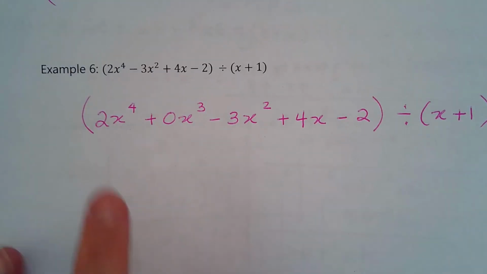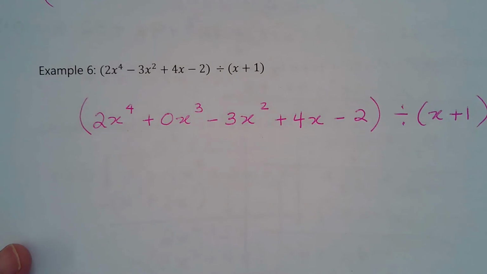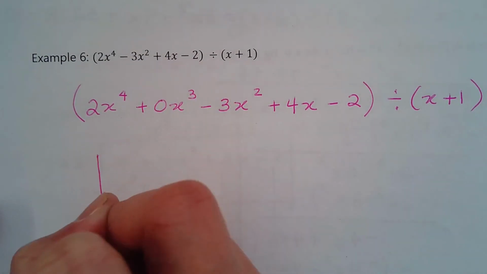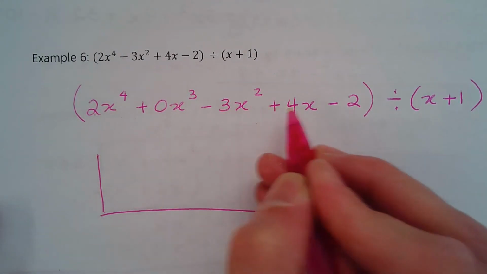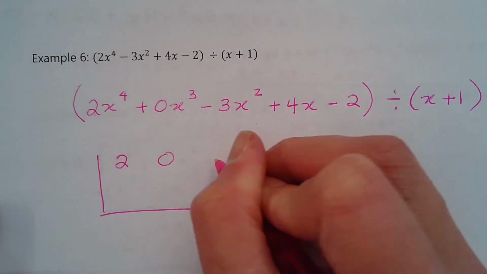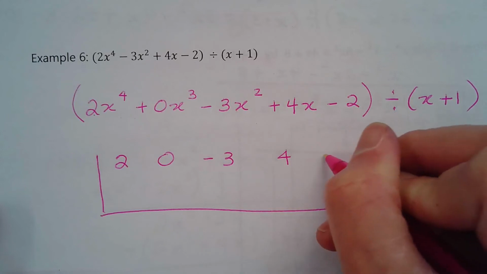So it's in descending order and we've filled in the missing terms. Now we just write down the coefficients, only the numbers: 2, 0, negative 3, 4, negative 2.